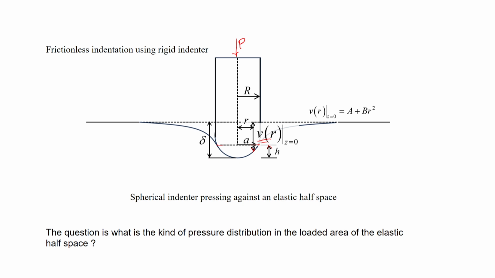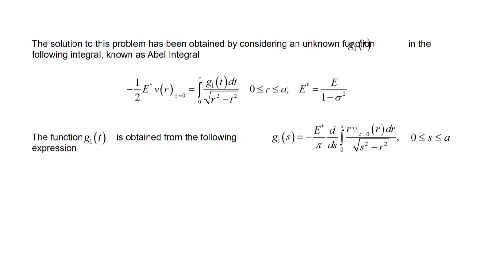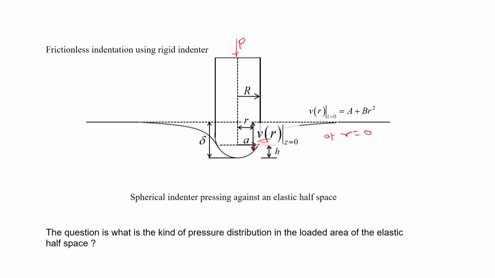So at r = 0, V at z = 0 is equal to delta, and at r = a, V at z = 0 is this distance, delta minus h.